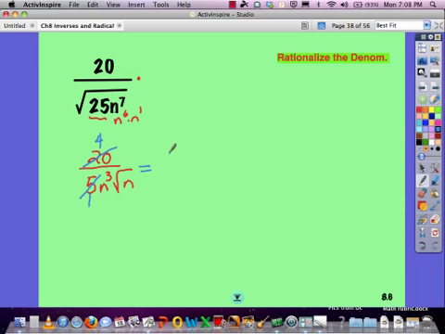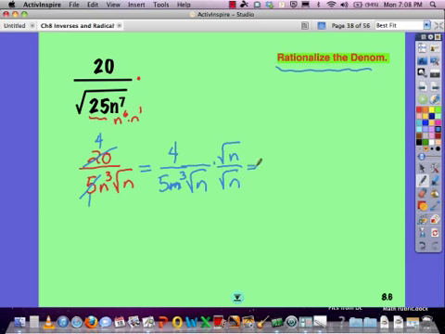That would leave us 4 on top, a 5, an n, whoa, not an m, don't change the letters, n to the third, and a radical n. Now, the problem is that radical n. If we want to rationalize the denominator, we can have no radicals down there. So if we multiply both top and bottom by a square root of n, we should be able to eliminate that square root of n in the denominator.